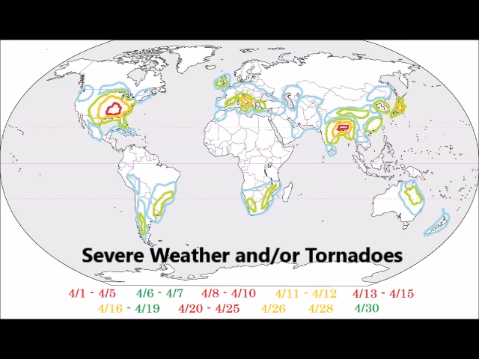So you can see sticking out like a sore thumb is the United States. Huge bullseye right there. We have a little bit of possibility in Southern Europe, and then we have another little bullseye right around India and Bangladesh, which is also an area that tends to get tornadoes this time of year.